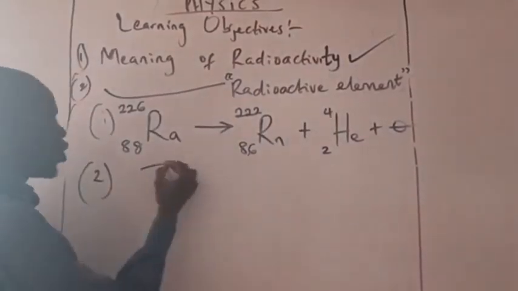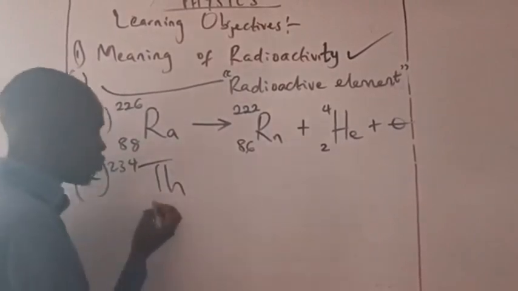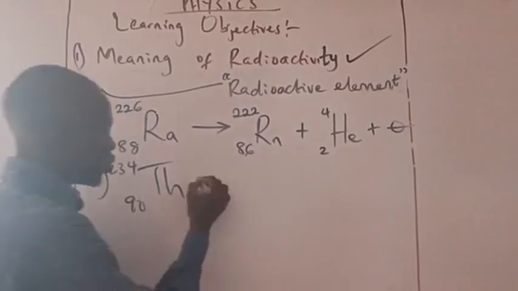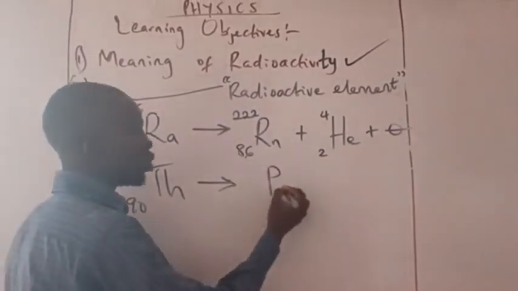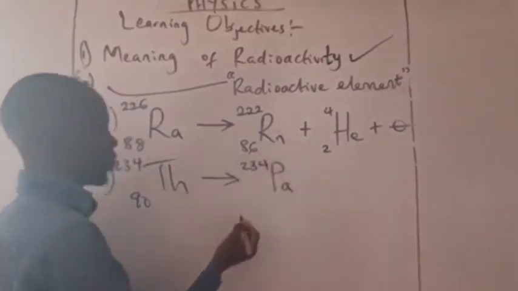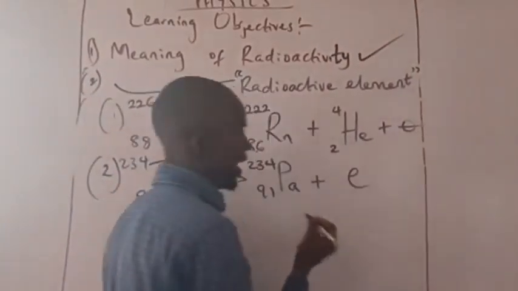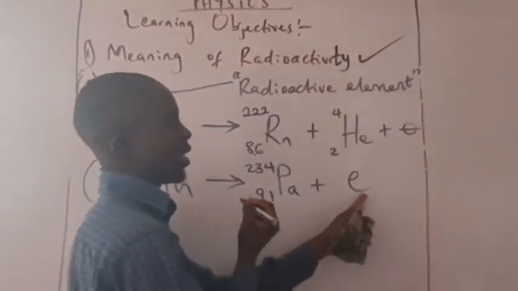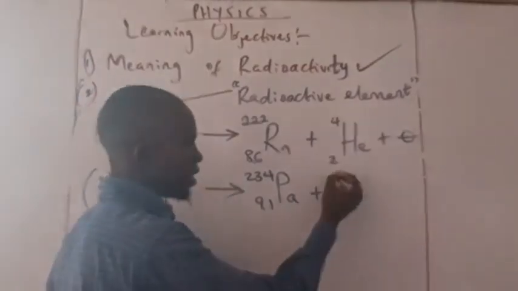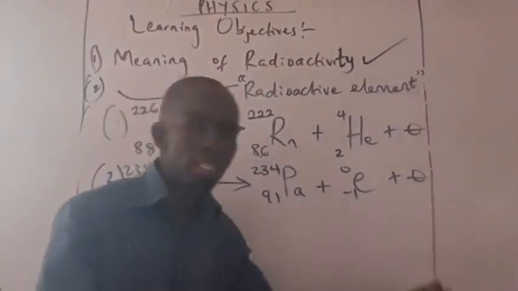Let us see an equation whereby a beta particle is being emitted. We have thorium 234, 90, to give us protactinium, 234, 91, plus an electron, which serves as beta, which is 0, -1, plus theta. This theta also serves as the energy.